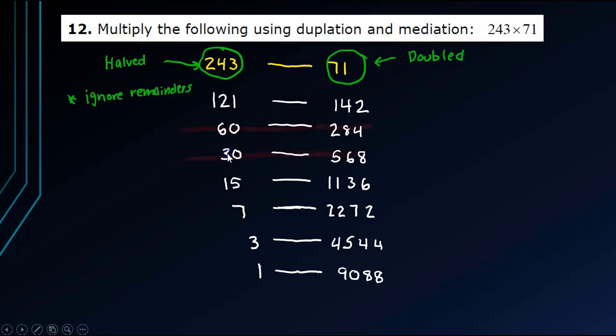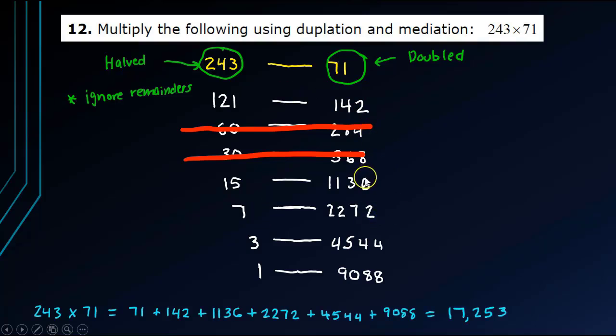So the 60 and the 30 lines are going to go away. And so everything else has a left-hand column number that's odd. And so I'm going to take those numbers that are left and add them all together. So 71 plus 142 plus 1136 plus 2272 plus 4544 plus 9088, and that comes up to 17,253.